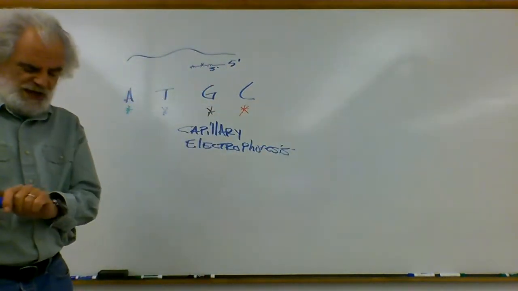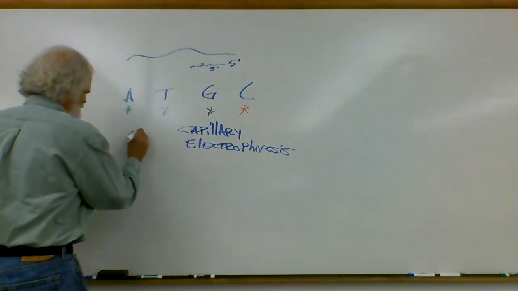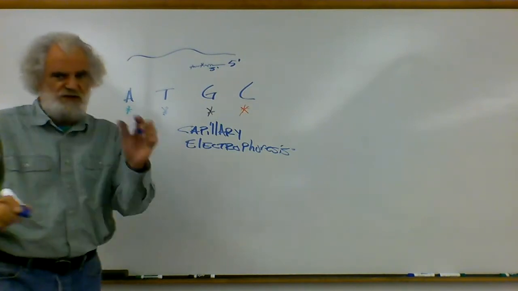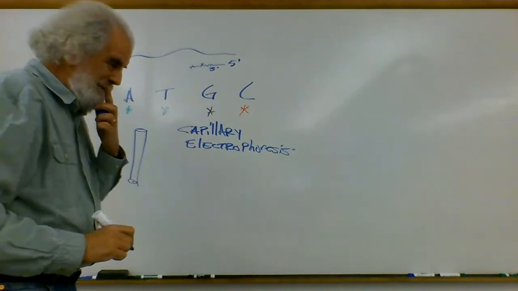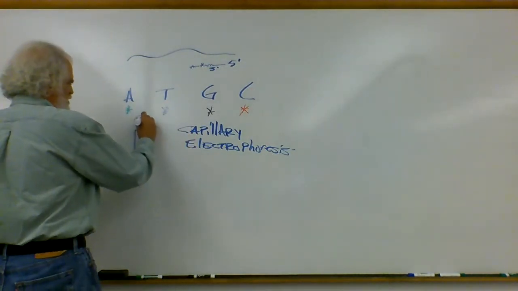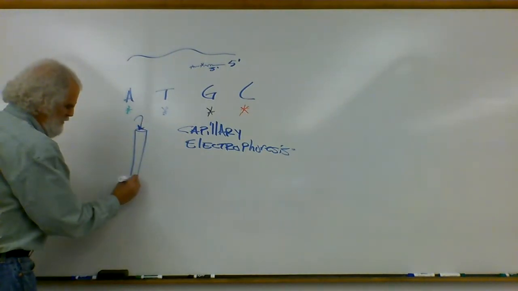And with capillary electrophoresis, we've got, as the name implies, a capillary tube, not nearly this big, the size of a little coffee stirrer, packed with a resin. And it still is going to migrate with an electric field. You put the sample on top, the individual fragments come out the bottom.